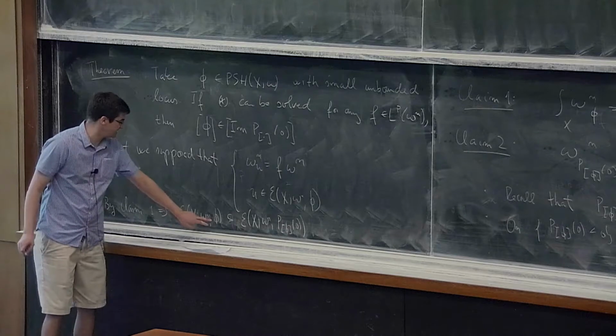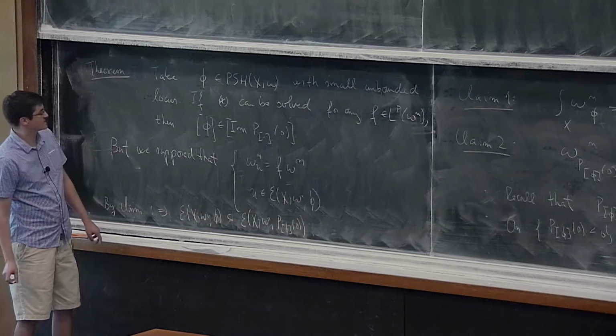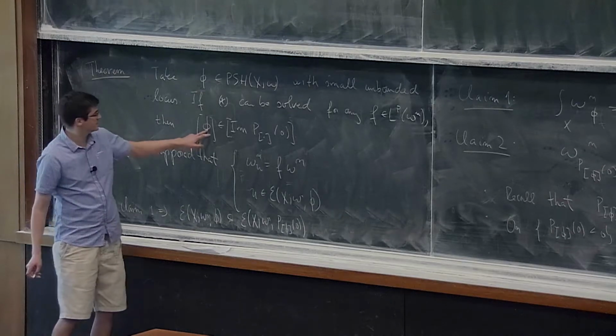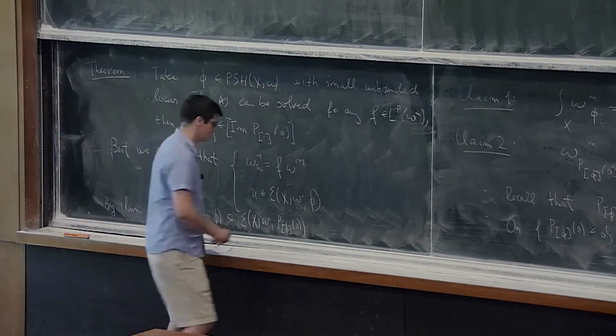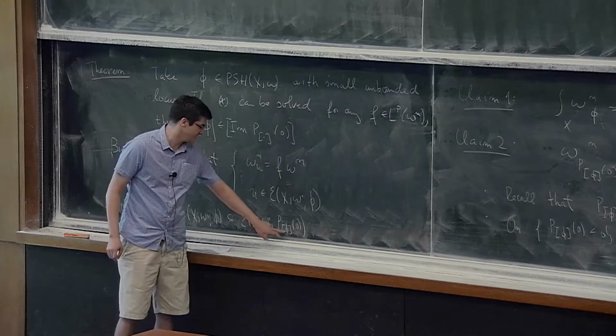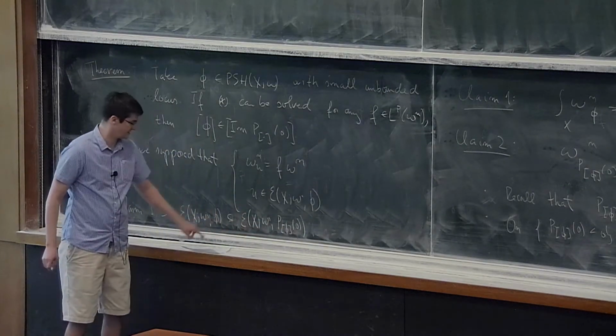But unfortunately, because I supposed at the beginning of the proof that phi is not in here, I get that this specific element, P phi, is not inside here.